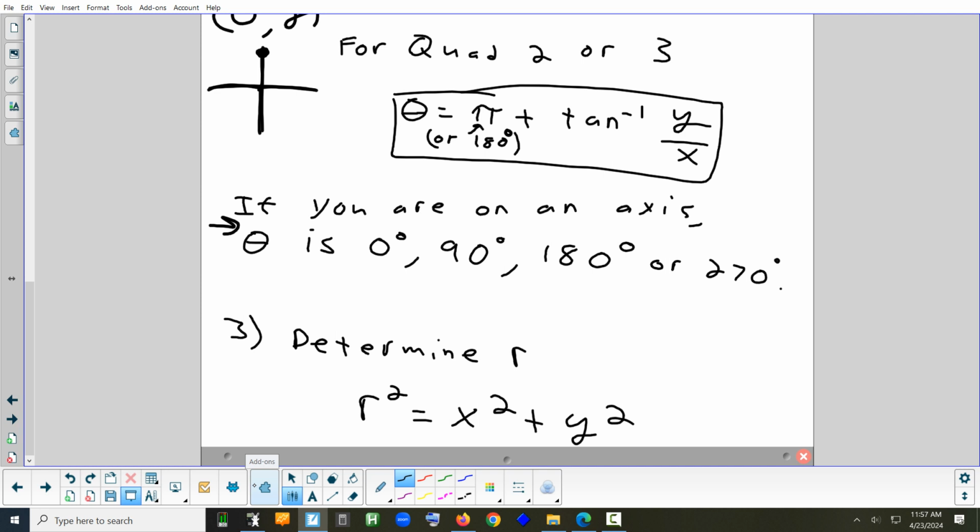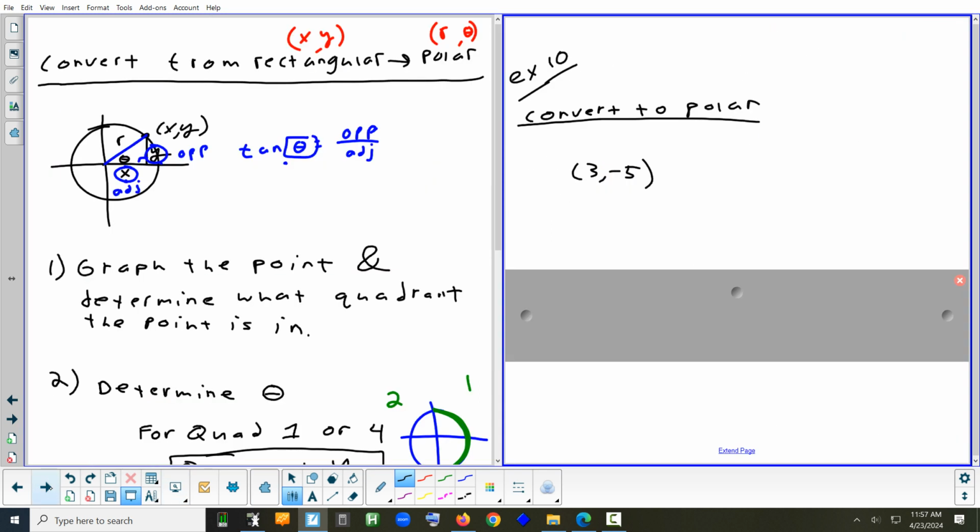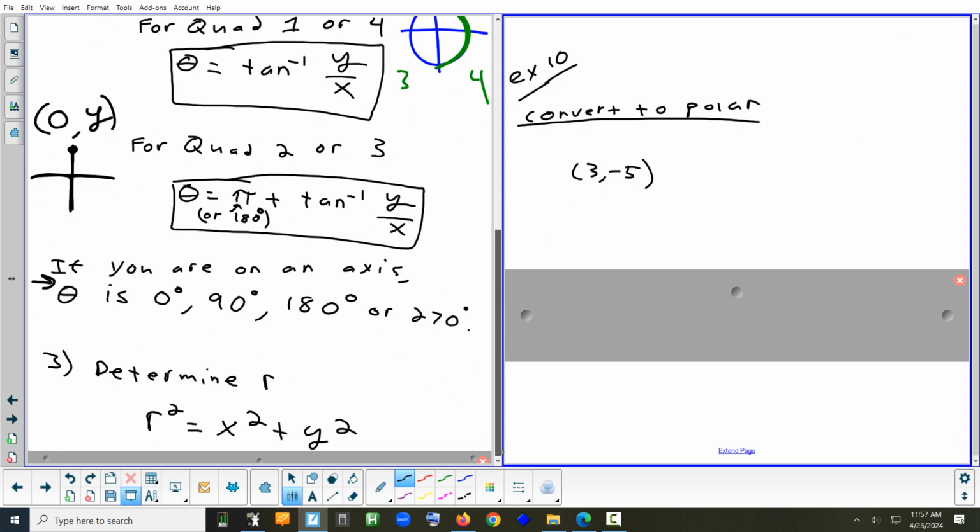All right, so we'll try 2 examples, just changing from rectangular to polar, and that'll be it. So we need to figure out the r and the theta.